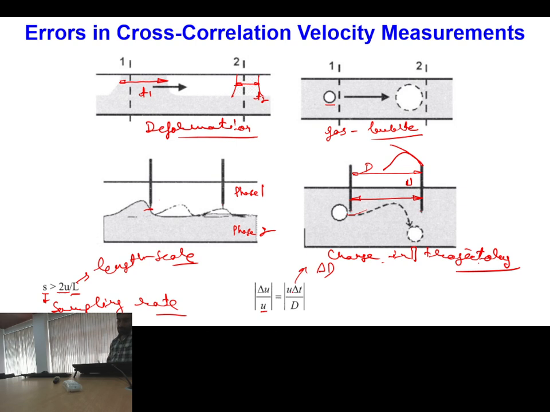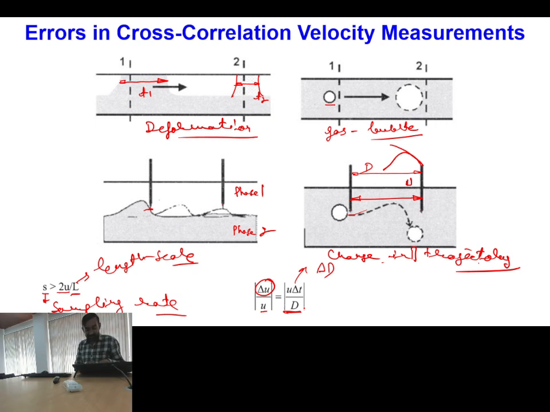So this distance is u delta t by d. So it means that uncertainty in measurement of velocity is inversely proportional to d, the distance. So if your distance is large, uncertainty will be less.